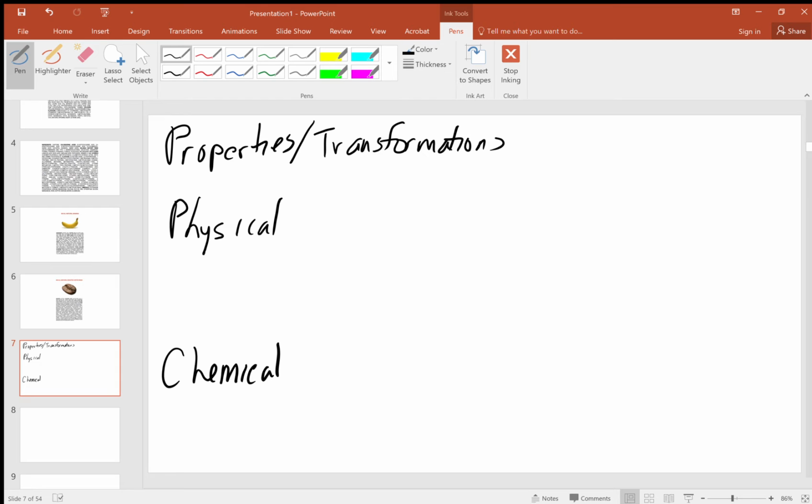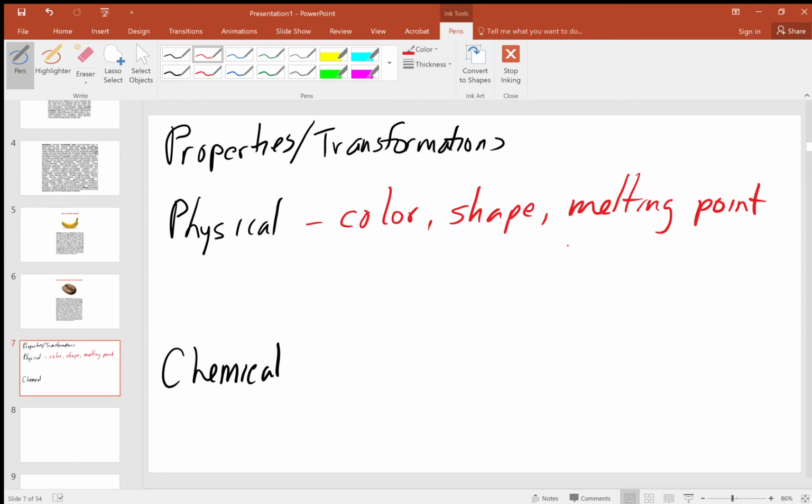So, physical properties are things such as color, shape, melting point, and they're properties that do not alter what the substance is.